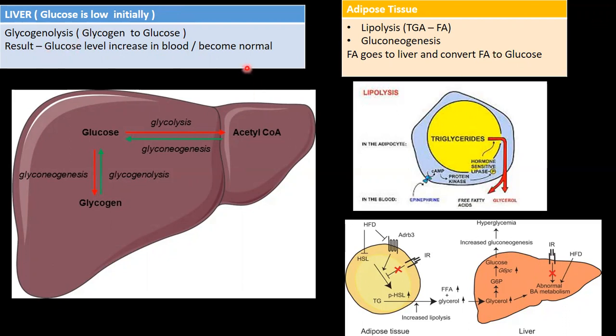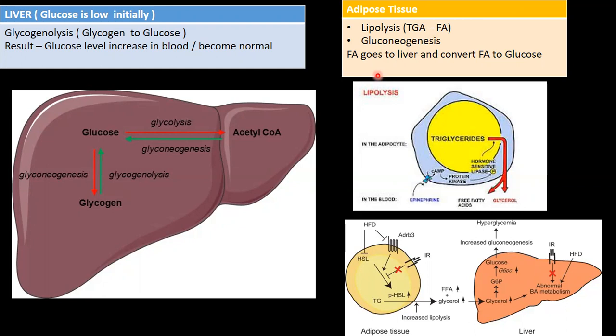Coming to our adipose tissue. When we talk about adipose tissue, here we have lipolysis. In the effects of insulin, we see there is lipogenesis. Here is lipolysis, that is triglyceride is broken down into fatty acids, and gluconeogenesis, that is the formation of glucose mainly.